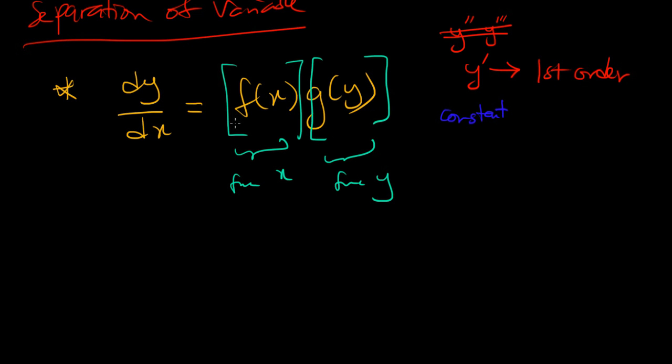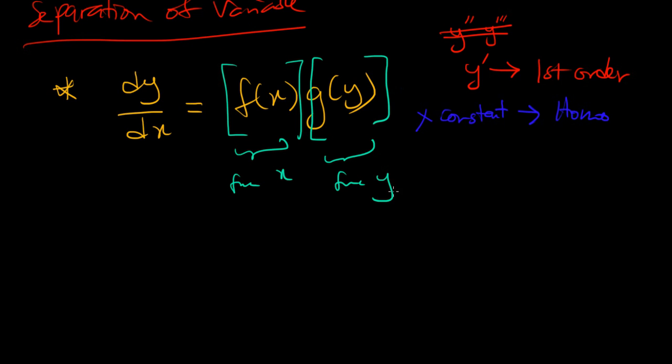This one is a function of x, this one is a function of y. You cannot see any constant here. So there is no constant, and we call it homo.